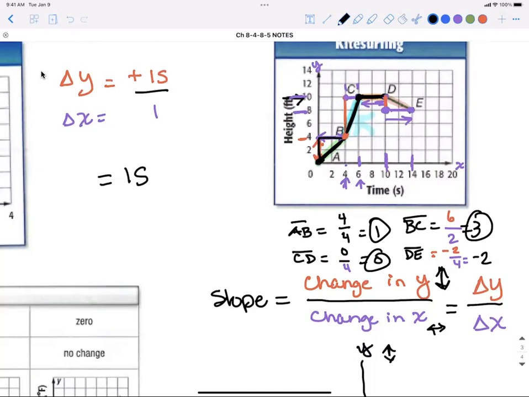And then this D to E section, this last section, was actually falling downhill, right? It was running downhill. And so its slope was -2. So anytime you're going uphill or increasing, it's a positive slope, and so you should end up with a positive number. And if you're going downhill, you should end up with a negative number for your slope.